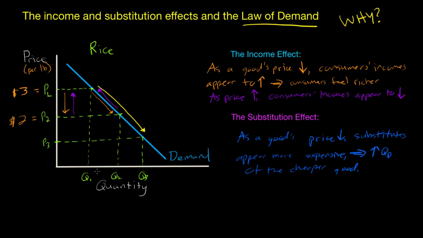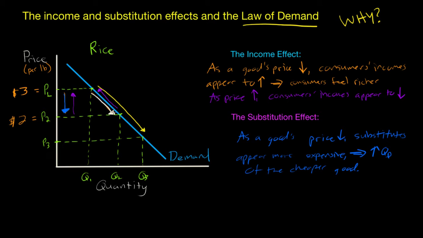What we're talking about here is why the quantity demanded for rice would increase when the price of rice decreases. And the rationale is that as rice prices fall, the price of pasta doesn't change, but it appears that pasta is now relatively more expensive than rice, leading rational consumers to increase their consumption of the now cheaper good, rice.